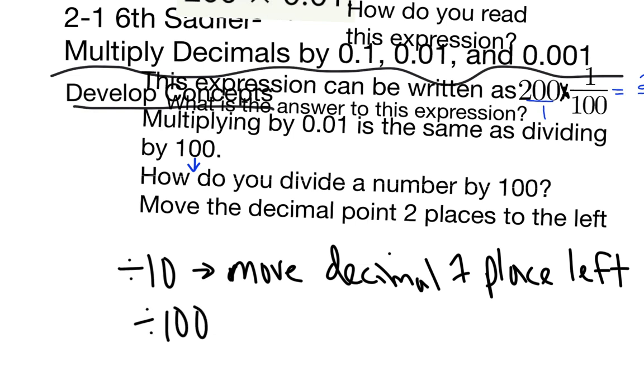If you divide by 100, then you move the decimal 2 places to the left. If you divide by 1,000, you move the decimal 3 places to the left. Because the idea is 100 is 10 times 10. So when you divide by 100, it's like dividing by 10 and then dividing by 10 again.